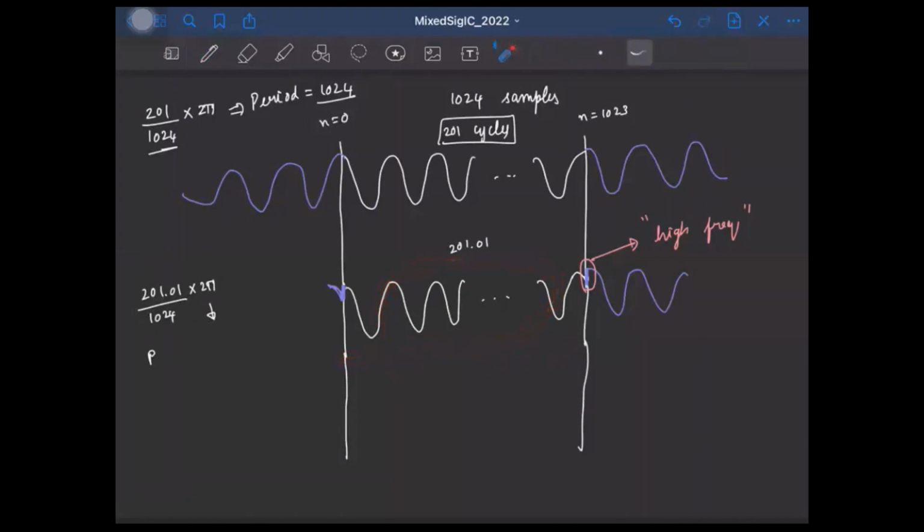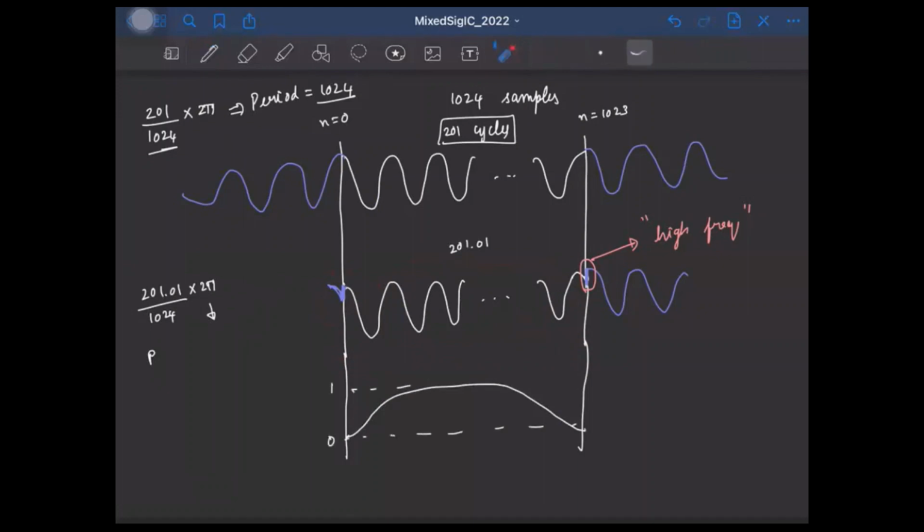We're having issues because of the sudden jumps at the ends, at the beginning and the end. So the idea is to make sure that the samples at the beginning and the end are weighted less compared to the middle samples. So instead of taking this entire chunk of data as it is, we will weight it such that the weighting function does something like this. See, this is 1, this is 0.